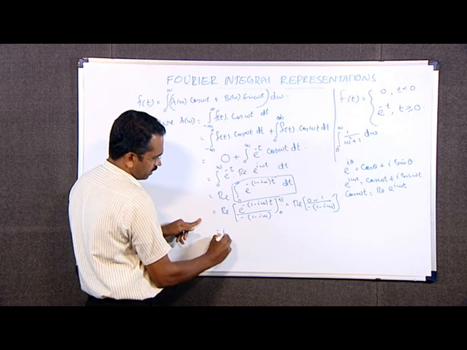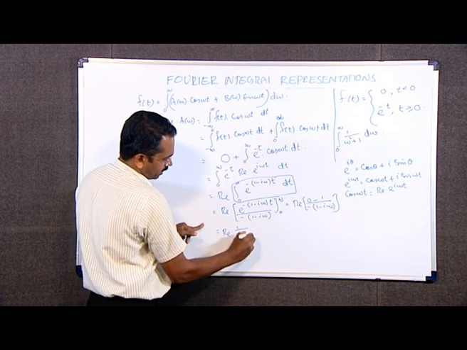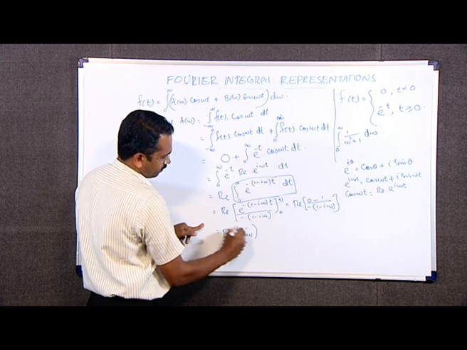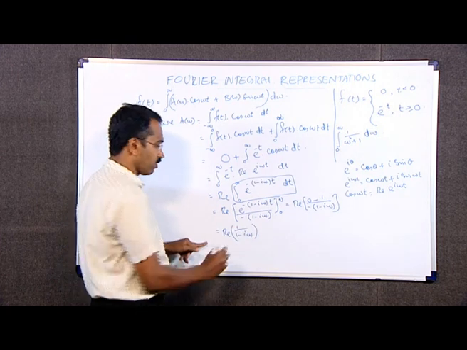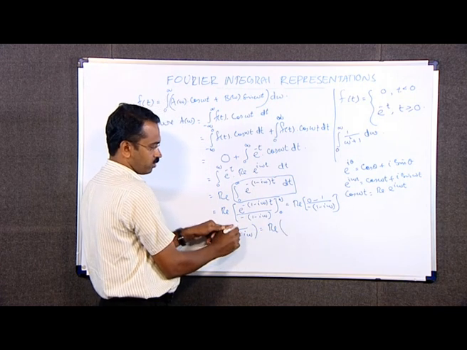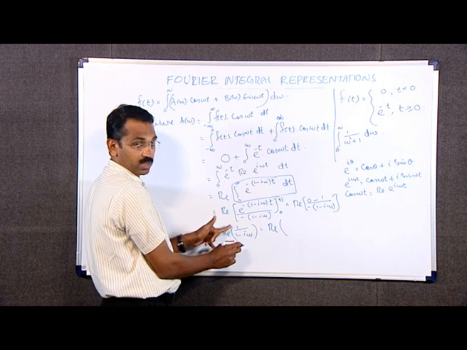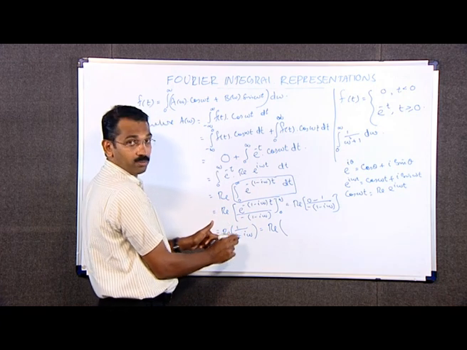That is real part of 1 by 1 minus i omega, which is equal to real part of, we have to multiply both numerator and denominator of this function with 1 plus i omega.